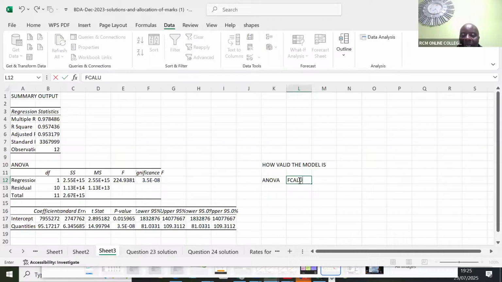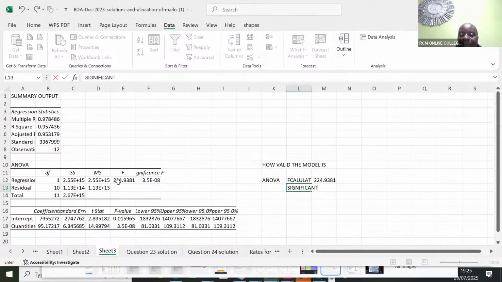The F calculated is this one here, the F that the system has calculated for you. You pick it, and you compare it with the significance F.